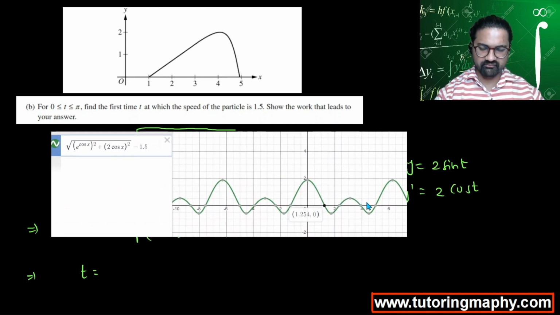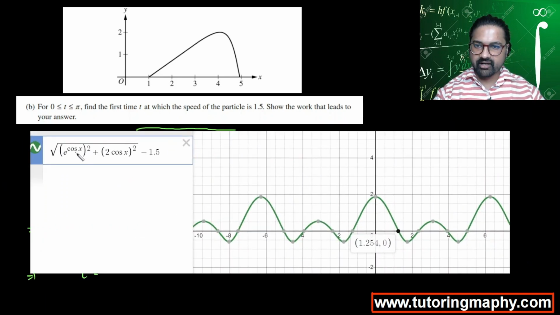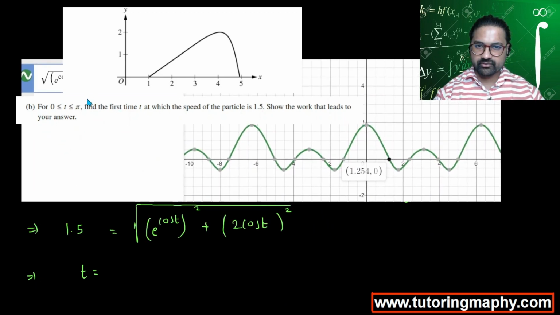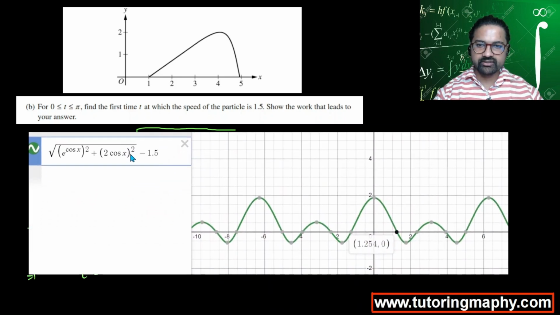I basically graphed the function which we had, e raised to cos x whole squared plus 2 cos x whole squared, and I just brought this 1.5 over to the other side, so it became minus 1.5. Basically we are looking for the points where it intersects the x-axis, because those will be its roots, and the first point where it intersects the x-axis is 1.254. That is the reason why I got 1.254.